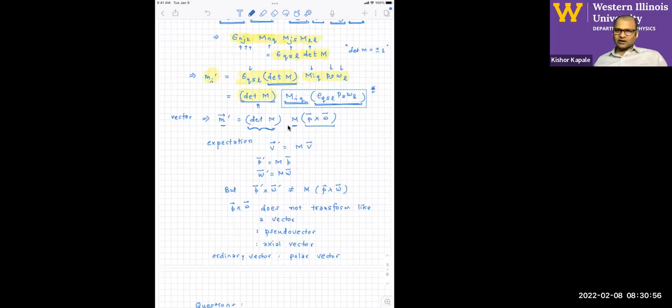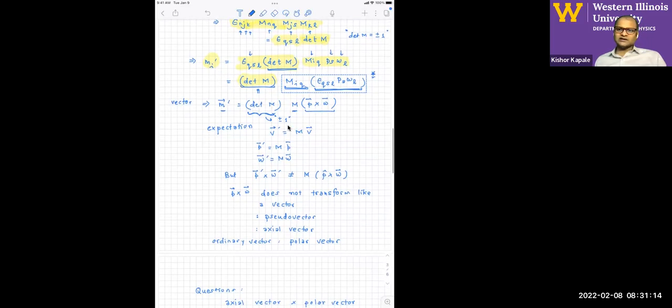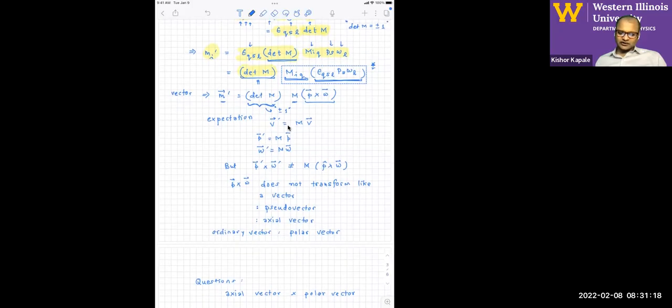It's not transforming correctly, even though if you go back to your entry-level physics classes, you treat the cross product as any other ordinary vector. But there is a little bit of sophistication that needs to be added because it does not always transform as a vector would transform. There are cases in which there is an extra negative sign coming into the picture.